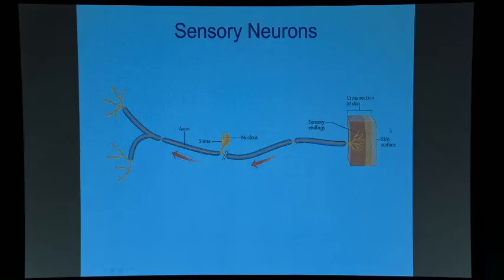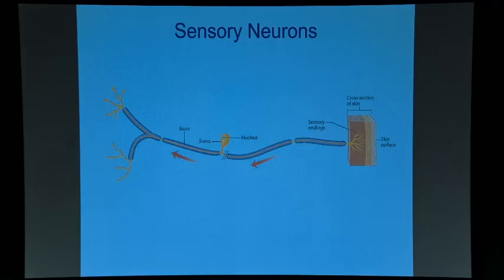When touch occurs on the skin, it will cause a signal to be generated in those sensory endings, an electrical signal that travels down the length of the sensory neuron, down its axon, to where the axon forms synapses with other neurons that might be located in our spinal cord or in our brain. And so in this way, information about touch on our skin is being transmitted from the periphery of our body into our central nervous system. So that's a sensory neuron.